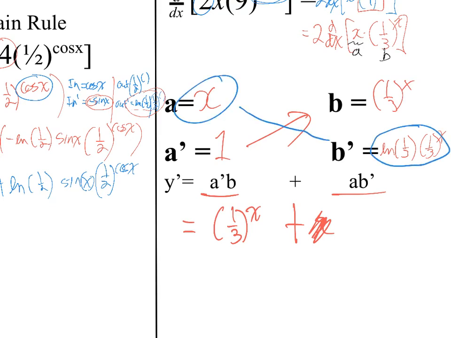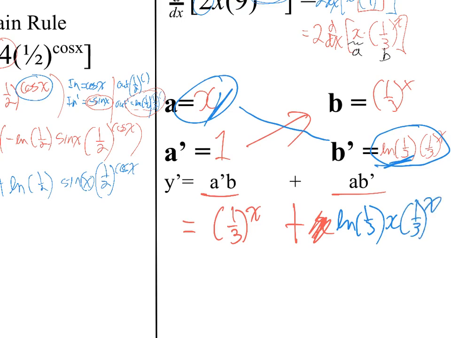Think first, write second. So I've got ln of 1/3, 1/3 to the x times by x. So which of these is a coefficient? Is x the coefficient here, or is ln of 1/3 the coefficient here? So ln of 1/3 is just a coefficient. Then I multiply by the x, and then it's 1/3 to the x.